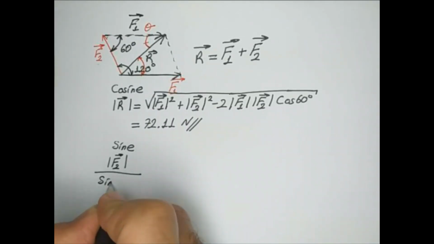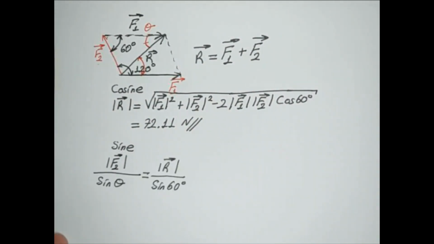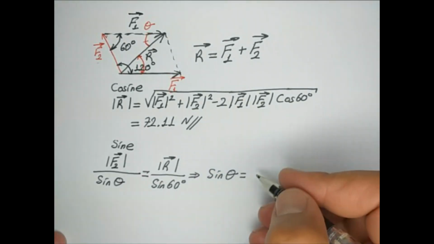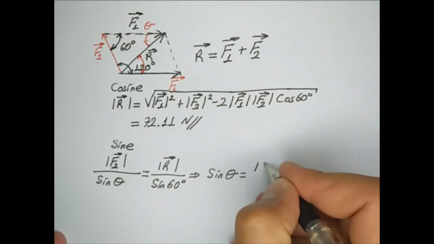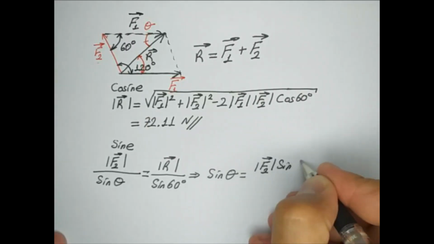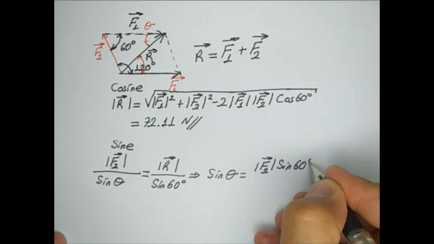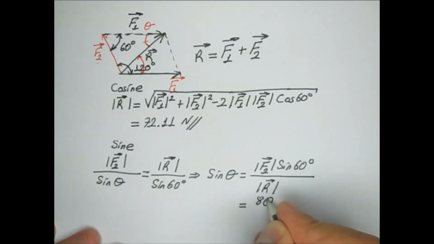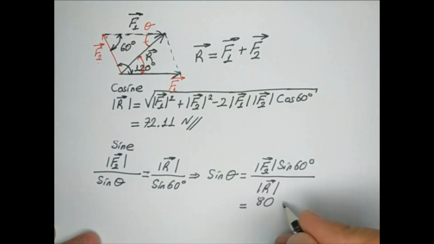Now, from here, I can calculate sine theta. Sine theta is equal to F2 multiplied by sine 60 divided by the resultant force. So let's put the values. F2 is equal to 80. Sine 60 is equal to 0.86, this is what I remember.